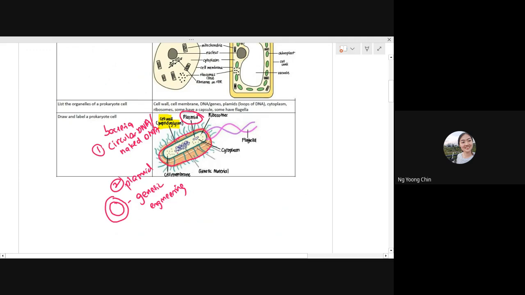How antibiotics kill bacteria is they target the cell wall of the bacteria, and then they punch a hole in the cell wall, and then the whole bacterium will lyse. Just like someone using a knife to punch a hole in you, and then you will slowly die.